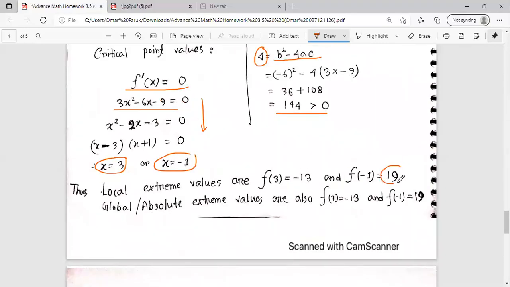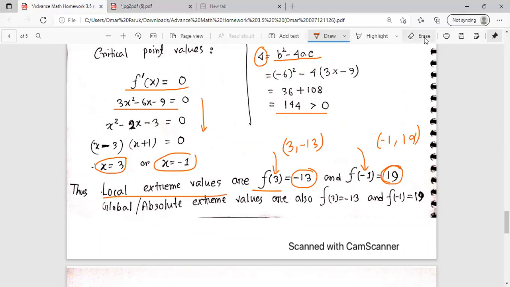the value of y. For example, if x is equal to 3, then f of x will be minus 13. And if x is equal to minus 1, f of x will be 19. So this point, 3 comma minus 13, and this point, minus 1 comma 19, are our local extreme values.